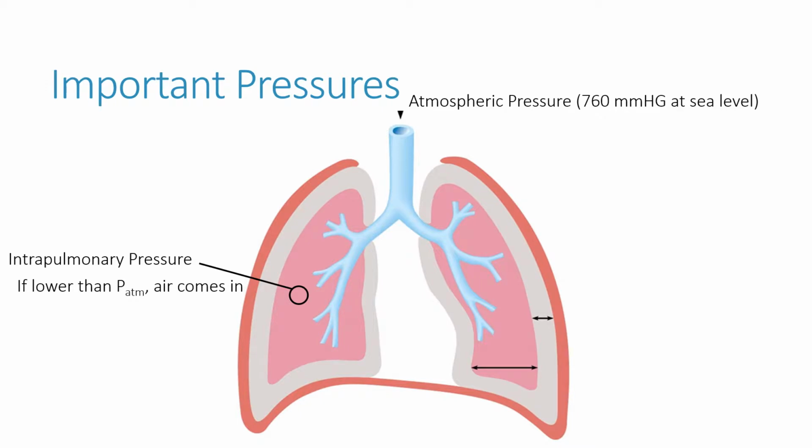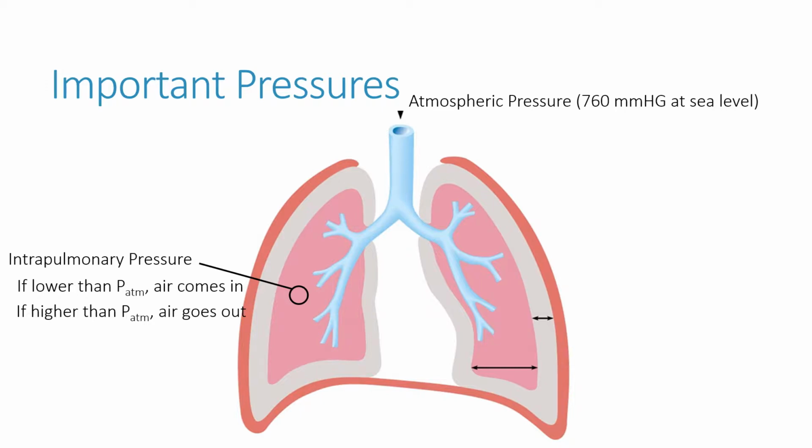If this intrapulmonary pressure is lower than atmospheric pressure, that gas moves down its pressure gradient from the atmosphere and into the lungs. If intrapulmonary pressure is higher than atmospheric pressure, then gas is going to move down its pressure gradient again. This time, though, it's going to move from the lungs out of the body.